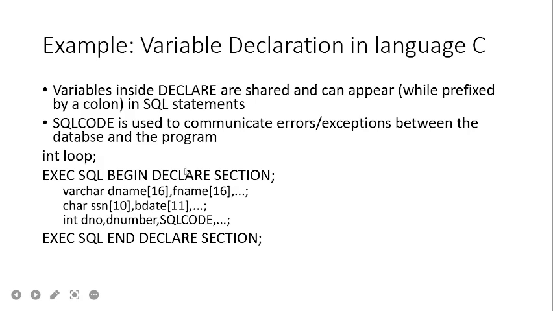Suppose we have this company database, and we need to declare program variables to match the types of the database attributes that the program will process. The programmer can choose names for the program variables. They may or may not have names identical to their corresponding database attributes.